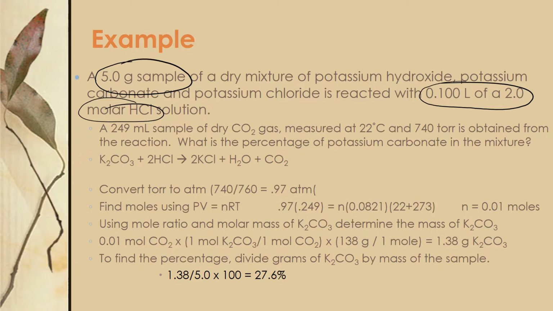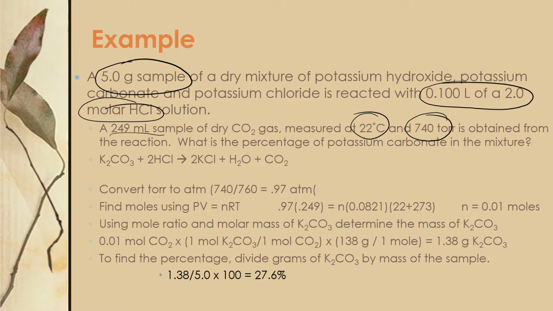We're told then that a 249 milliliter sample of dry CO2 gas measured at 22 degrees Celsius and 740 torr is obtained from the reaction. What is the percentage of potassium carbonate in the mixture? So there's a lot going on here. But again, first things first, write the balanced equation.